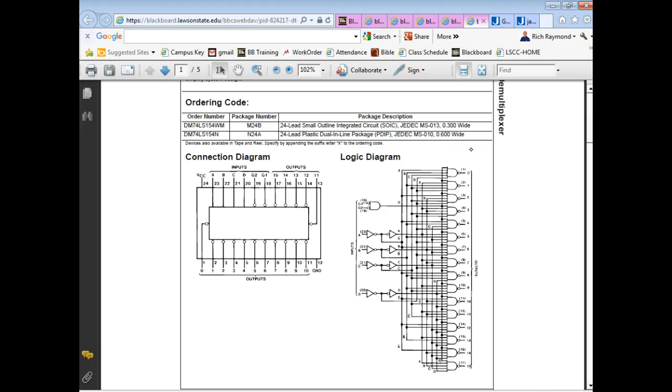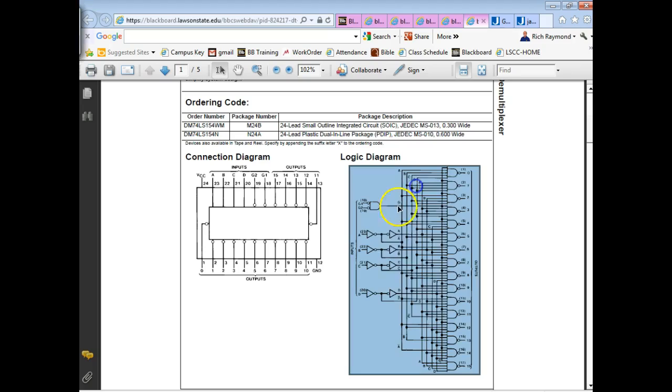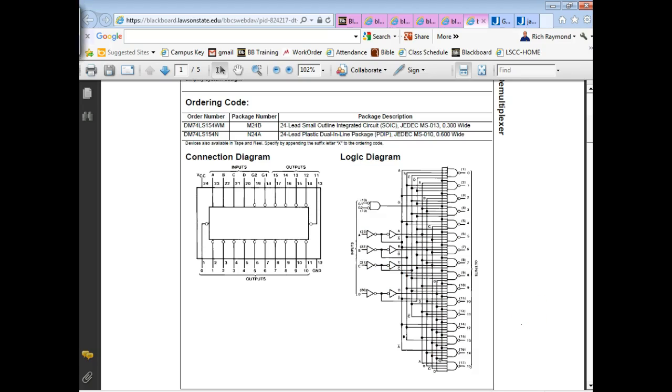But that's okay. We don't need to know how this thing works internally. All I need to know is how it works from the outside. If I know how it works and it doesn't work, then I'll replace the chip. I don't go in there and fix this NAND gate. What I like about this is that it's made up of nothing but our basic gates, but it performs a very complex function.